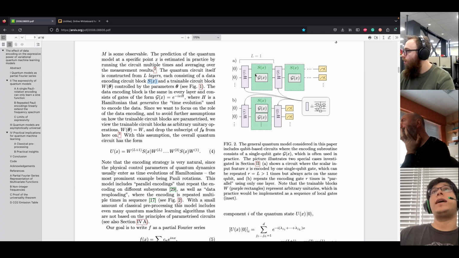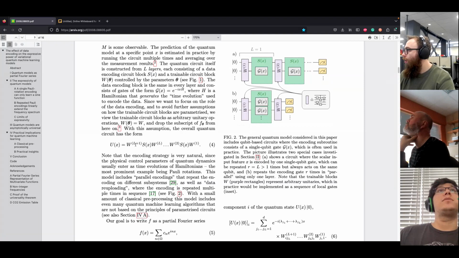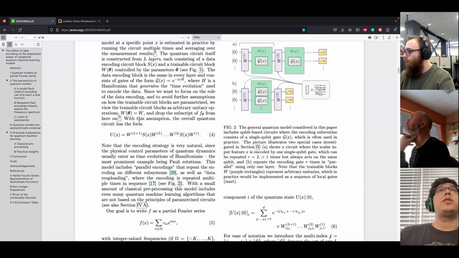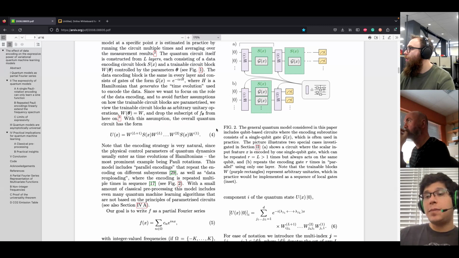They have the W, then a place where they put the input data, and then they do it again. The next one will be the second layer, and so on. So the overall circuit looks like this. You apply this L times, and they want to see the impact of different numbers of layers.